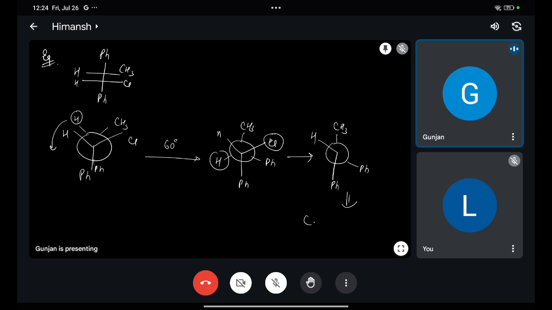Now we can show it to be like an alkene, having Ph neighbor to each other, H, CH3 like this. So this is the cis form we are getting, right? Cis alkene. Correct, na, Himansh?